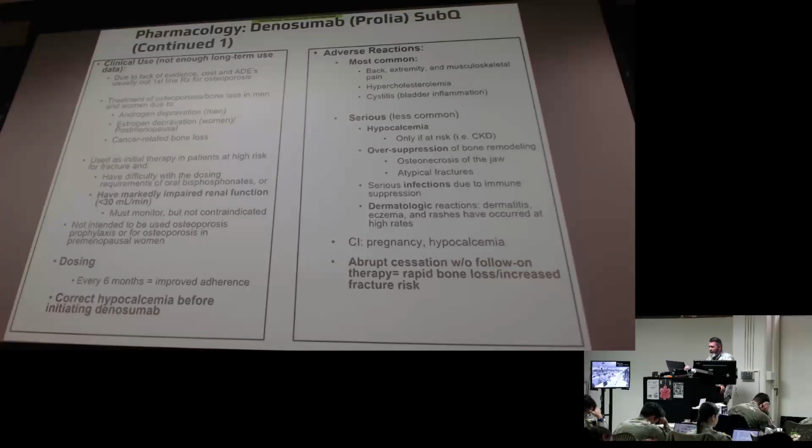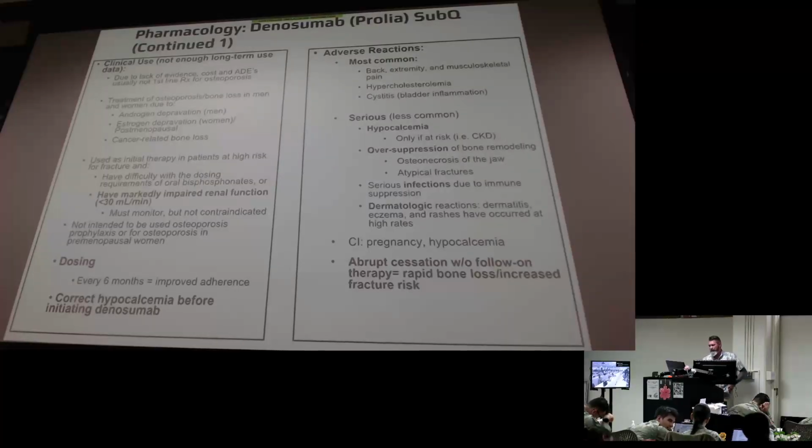Initial therapy, we're going to say those with high risk, as you see on the left, middle of the slide. If they can't take the bisphosphonates, or there you go, markedly impaired renal function, less than 30 milliliters a minute, then we're going to give it. You still monitor their kidney function, but it's definitely not an absolute contraindication below creatinine clearance of 30 as the bisphosphonates are.